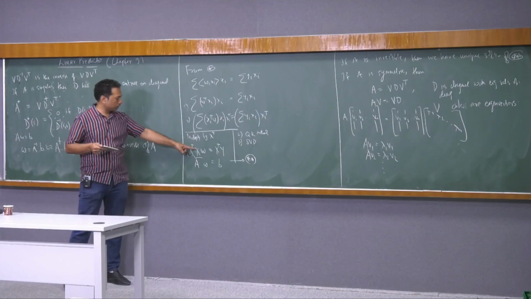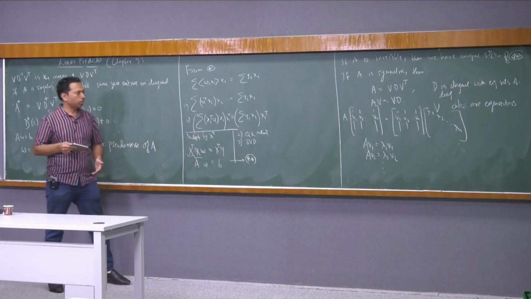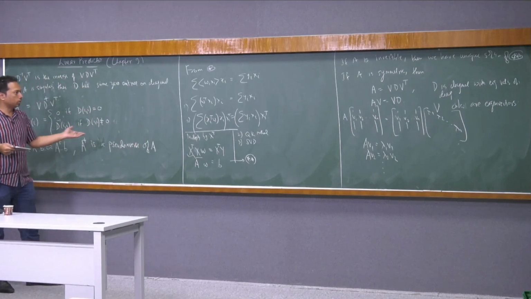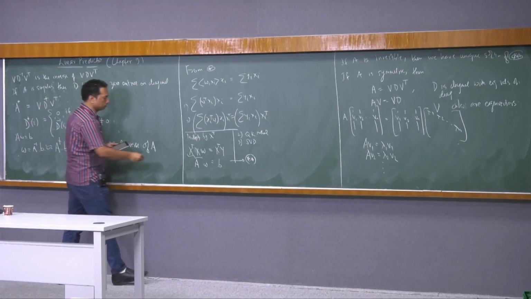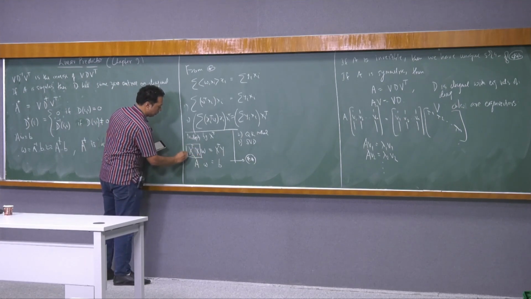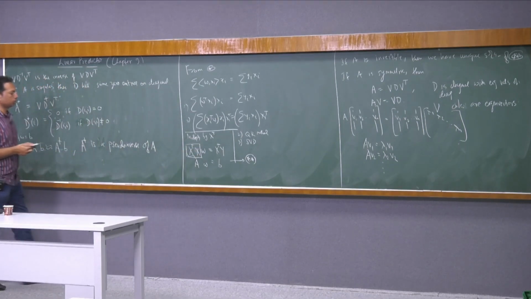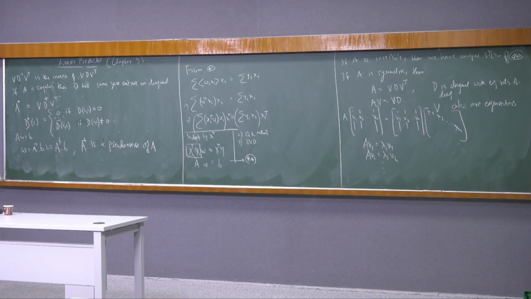Look, this is symmetric anyway. I've told you that A is symmetric because it is of the form A transpose A. Any matrix of the form A transpose A is always symmetric. So symmetry is guaranteed, and in general we have a generic solution for the least square problem. So what we did so far, we solved a linear regression problem.